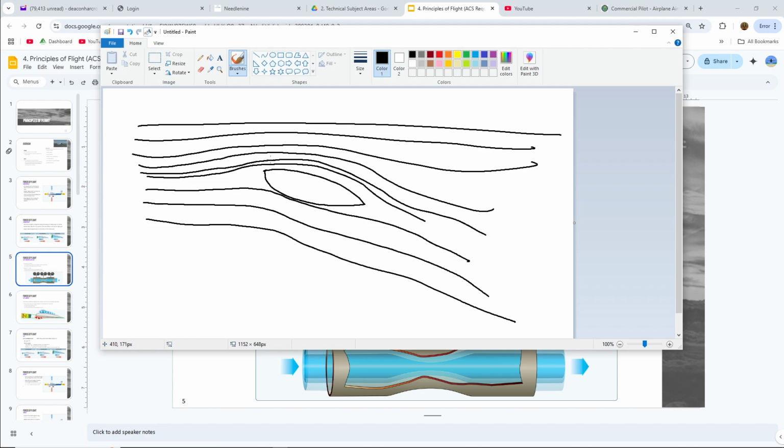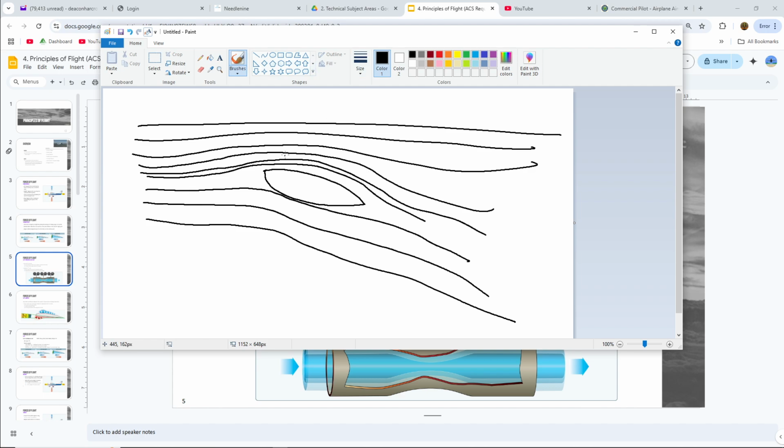And so what happens is, similar to how if you have your hose and you put your thumb over the top and that pinches that water into a smaller, tighter area, that water will accelerate. Same thing with the airflow over our wing. It gets pinched and it accelerates.